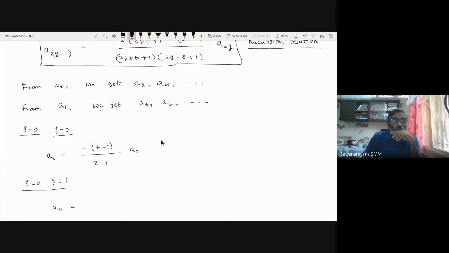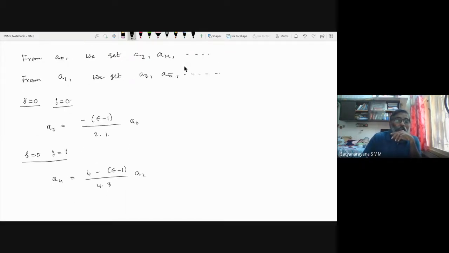So that is 4 minus epsilon minus 1, divided by, so j is equal to 1. So 2 plus 2 is 4 and 2 plus 1 is 3. So 4 into 3 into 2.